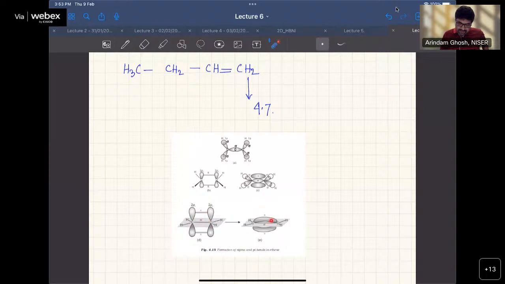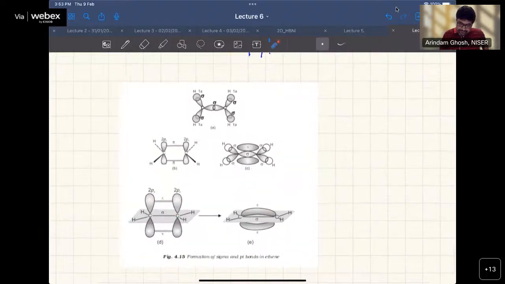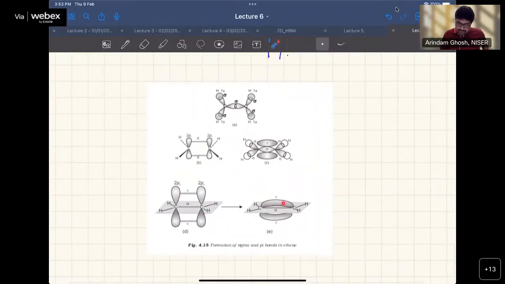Now we can see that these p electrons can actually roam around here nicely, so they can make a ring. This ring current comes because these p electrons are free to move, and so you have an electron cloud above the plane that is free to move, correct?